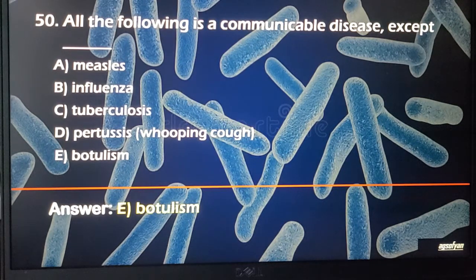Okay, so if someone has botulism, then the disease cannot be transferred to others. In order to get botulism, usually that person eats food from a can container that has bacteria in it. Okay, it is not transferred from one patient to another patient. It is not contagious.